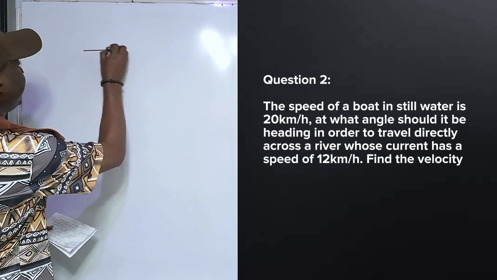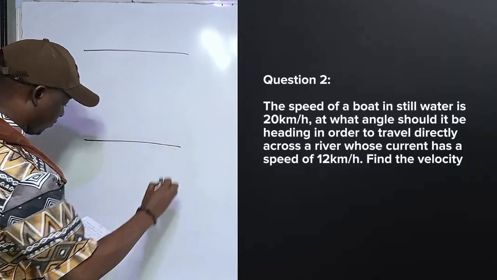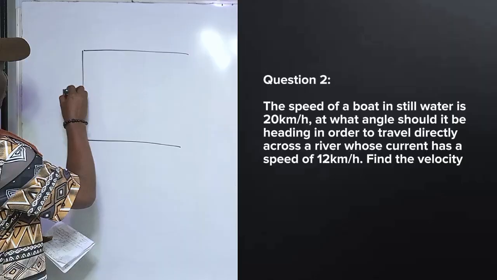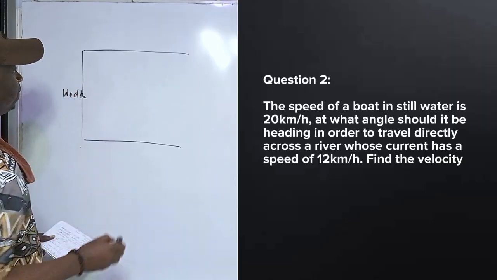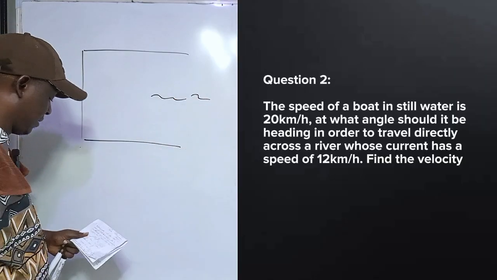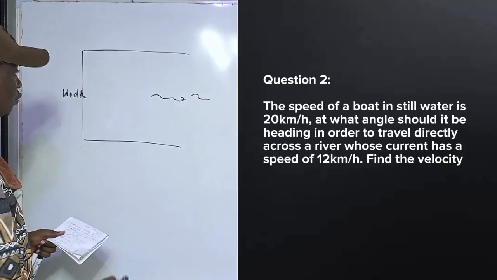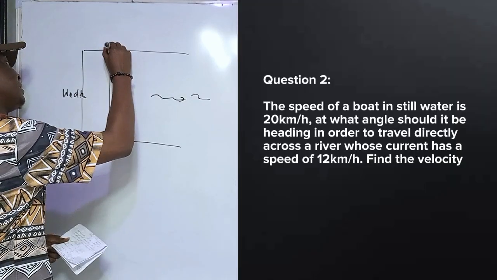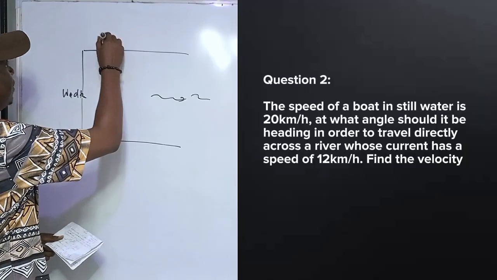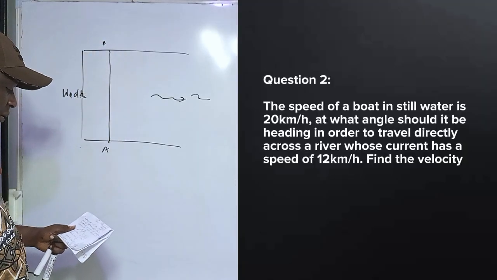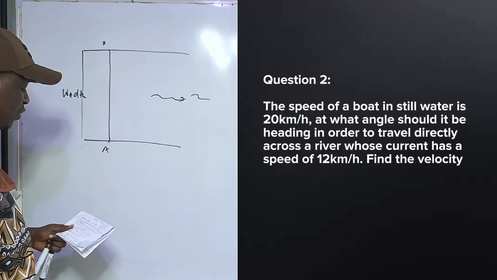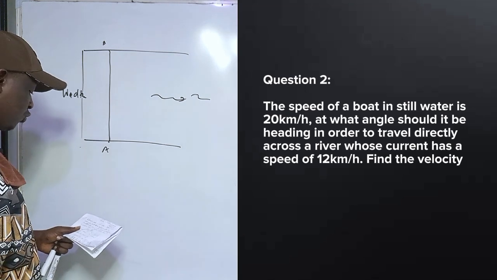The boat, this is the river width. Let's say the width of the river, they did not give us. The river is flowing like this. Now we cross directly from A to B of the river, taking this as the starting point A, and here is B. They said the speed of the boat in still water is 20.